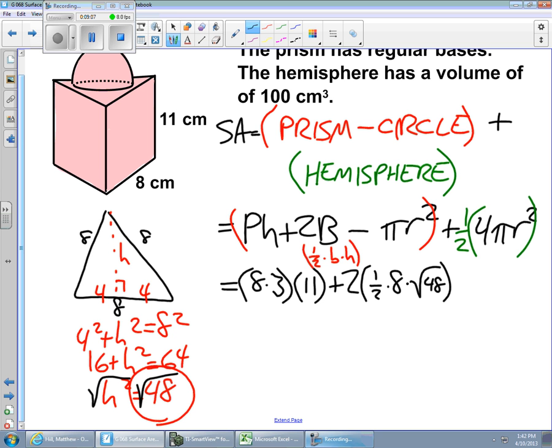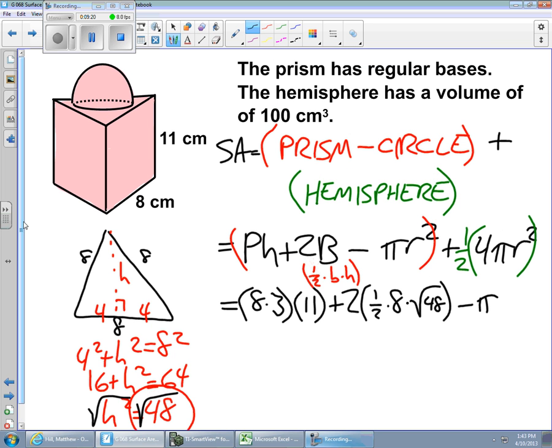All right, now all of that was just for the prism. Now from that prism we have to subtract what? Pi r squared. What do you know about radius? Nothing. It's not there. We do have some information about the circular part of this problem.